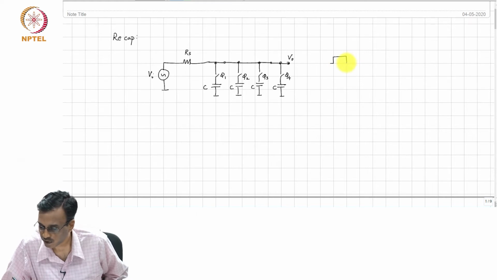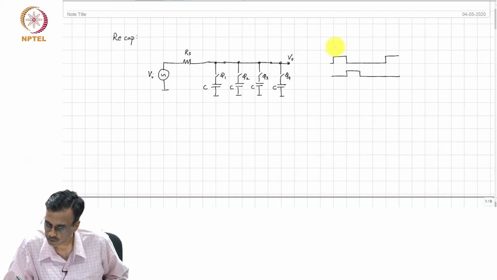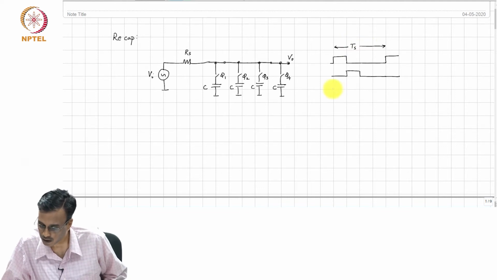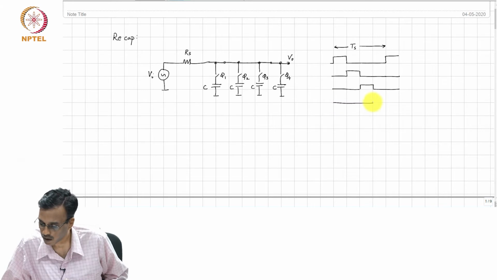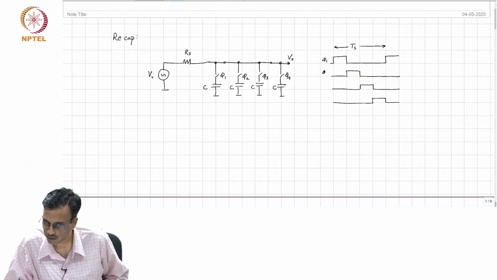So, the 4 clocks look like this. So, this is T_s, and this is phi 1, phi 2, phi 3 and phi 4.